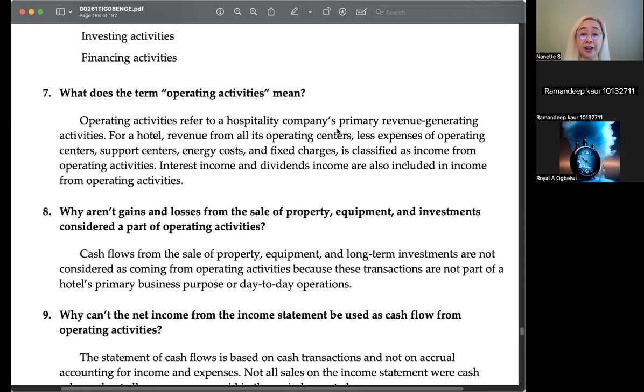Those are revenue generating activities. And then you have your support centers, which is needed for the operation of your business. These are the back offices: housekeeping, sales and marketing, human resources, accounting, finance, and also maintenance and engineering.